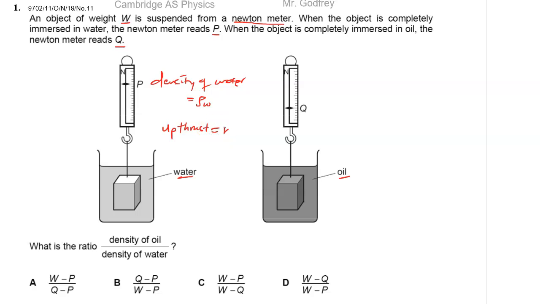Upthrust is the weight of the object minus the upward pressure reading, and we know that weight minus the reading of P, which is in water, is equal to density of water times gravity times volume.